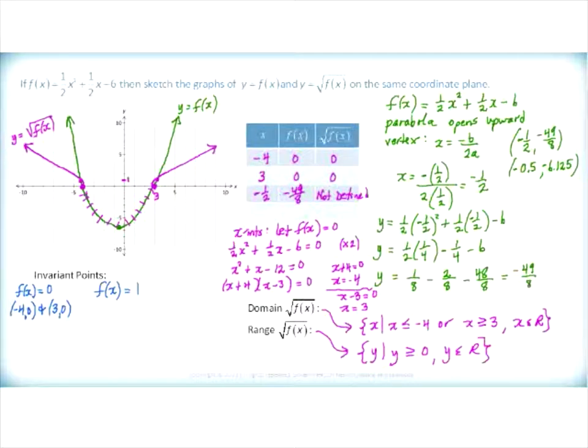So then we have 1/2 x squared plus 1/2 x minus 6 is equal to 1. If you bring the 1 over to the left-hand side, you have 1/2 x squared plus 1/2 x minus 7 is equal to 0. We can eliminate the fractions by multiplying both sides of the equation by 2, where we get x squared plus x minus 14 is equal to 0.